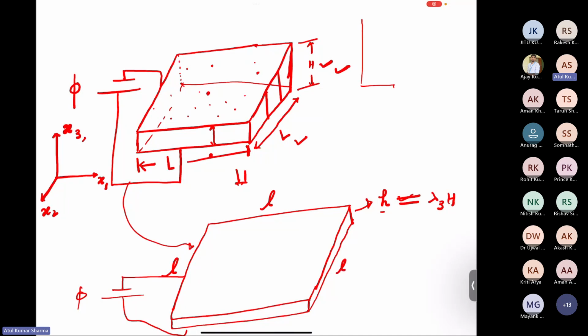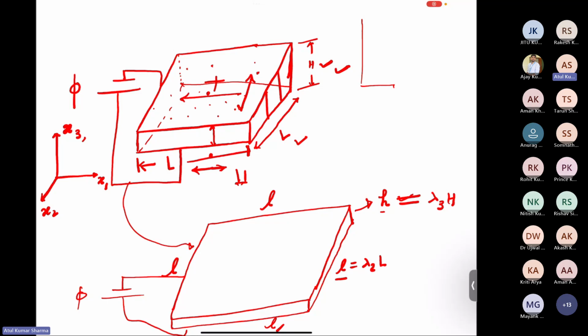Similarly, small l is lambda 2 times capital L. Because of the symmetry of the configuration, the contraction in the x1 direction as well as the x2 direction will be the same. This happens when your geometry is symmetric, because the dimensions of this object in the x1 as well as x2 direction are the same. That's why the final dimensions are also the same.